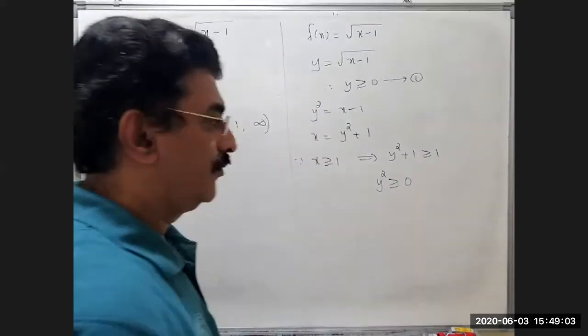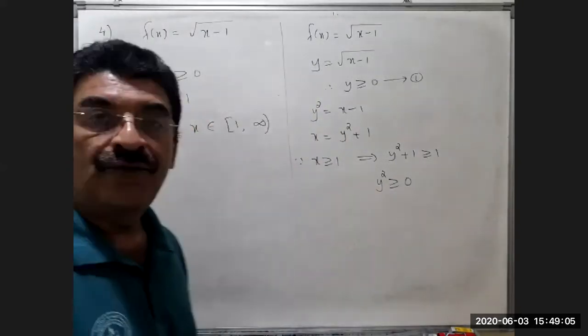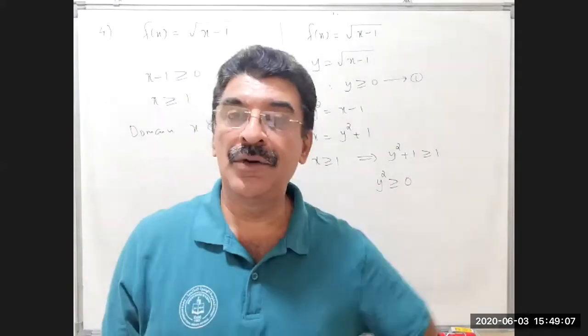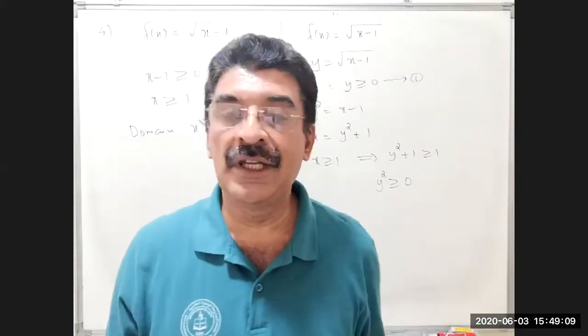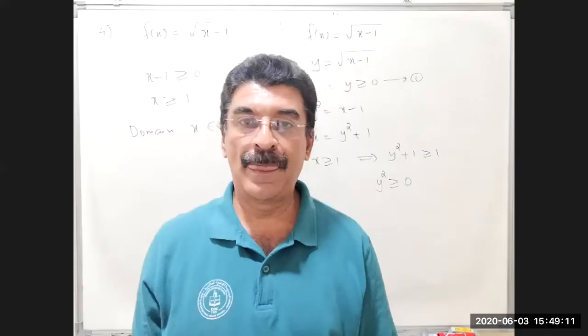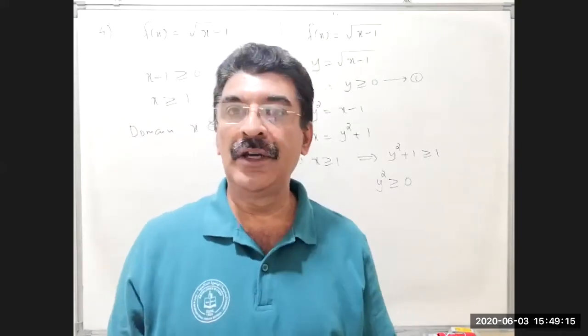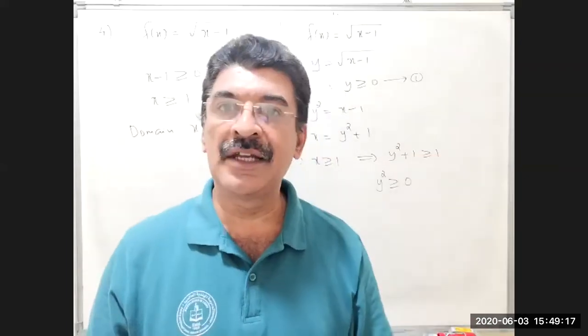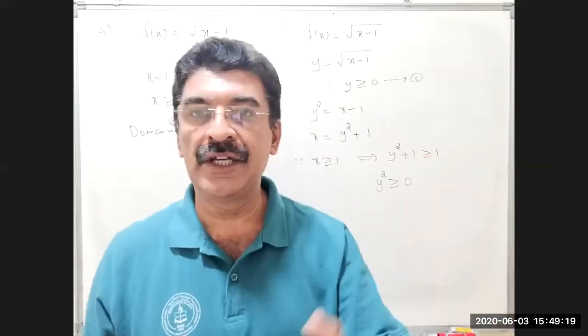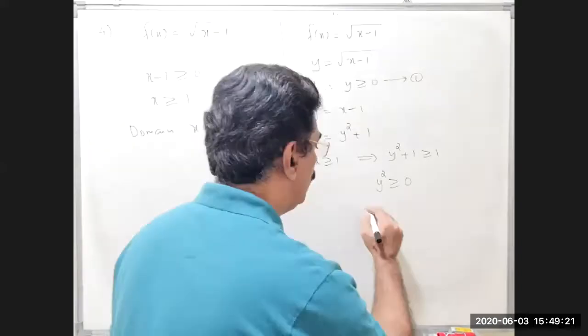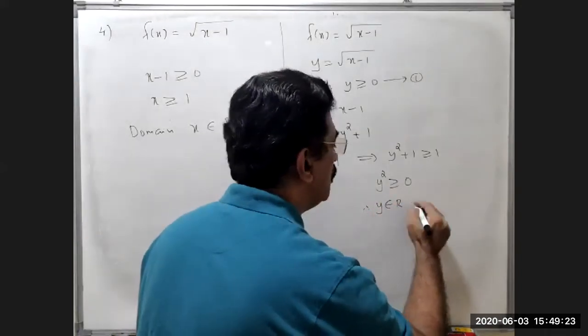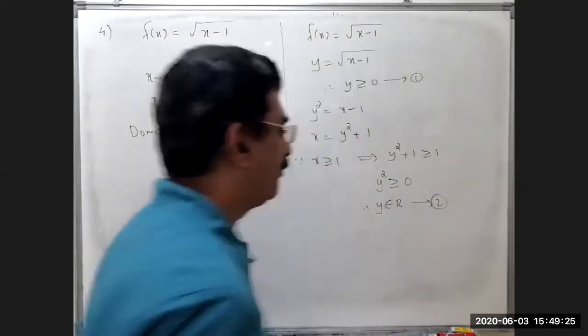Because the square of a number is greater than or equal to 0, which are the possible values of y? Definitely the squares of all numbers are greater than or equal to 0, whether positive, negative, whatever it is. Therefore, y belongs to R. That is condition number 2.